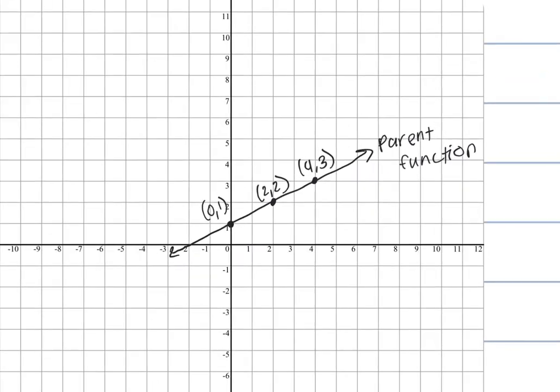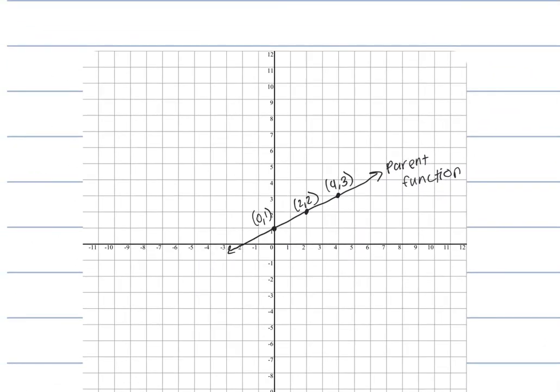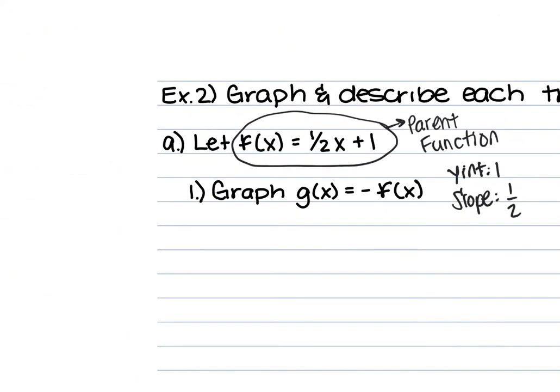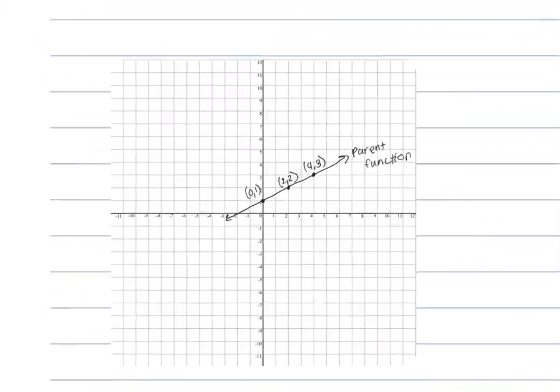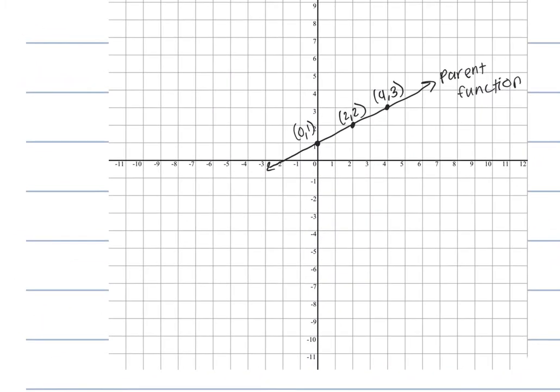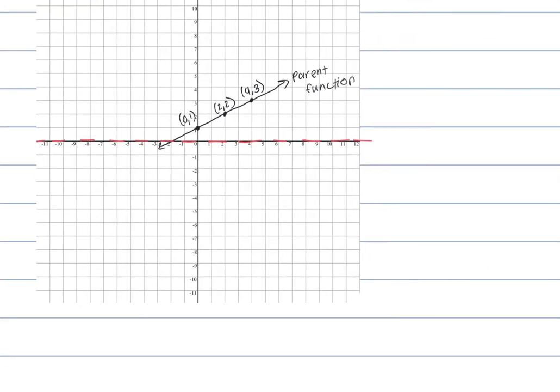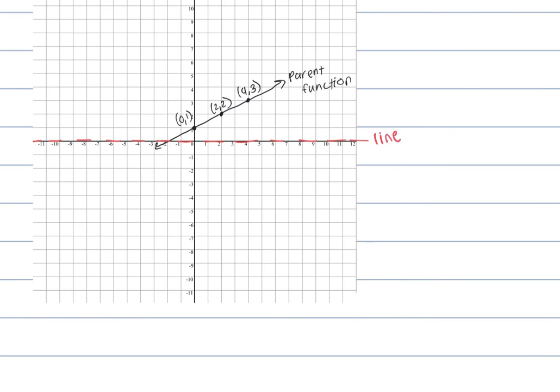So, once we have the parent function, remember, when we have g of x equals negative f of x, we're going to find our x-axis and draw a line of symmetry. So draw a red dotted line on your x-axis. That's my line of reflection.